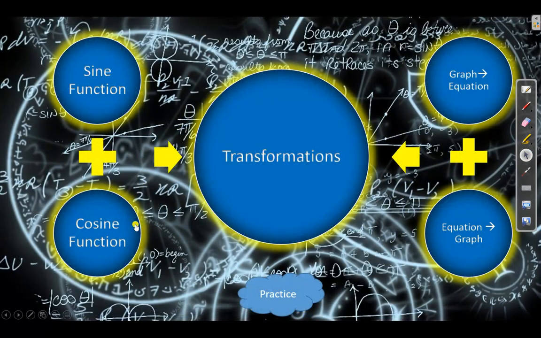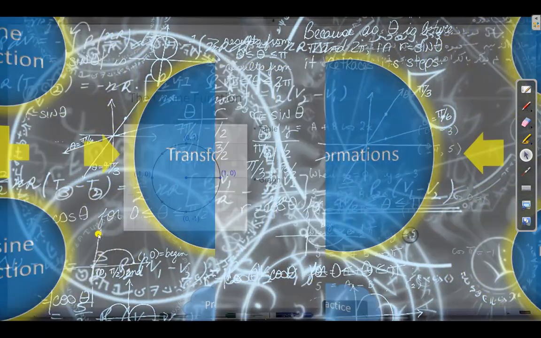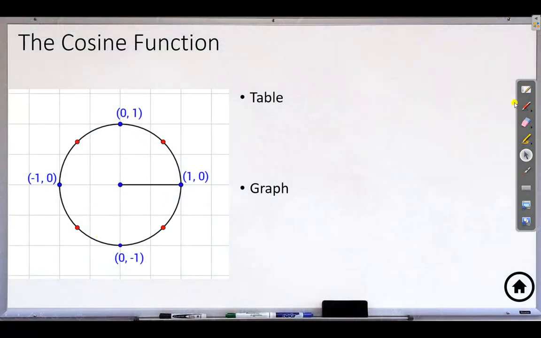So now we're going to take a look at the cosine function, and you're going to see it's actually very, very similar. Again, we're going to take the cosine function and turn it into an actual equation, y equals cosine of x.